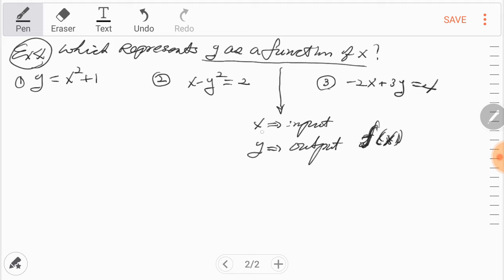The input x is also called the independent variable. So x is the independent variable. And y depends on the input, so y is the dependent variable.